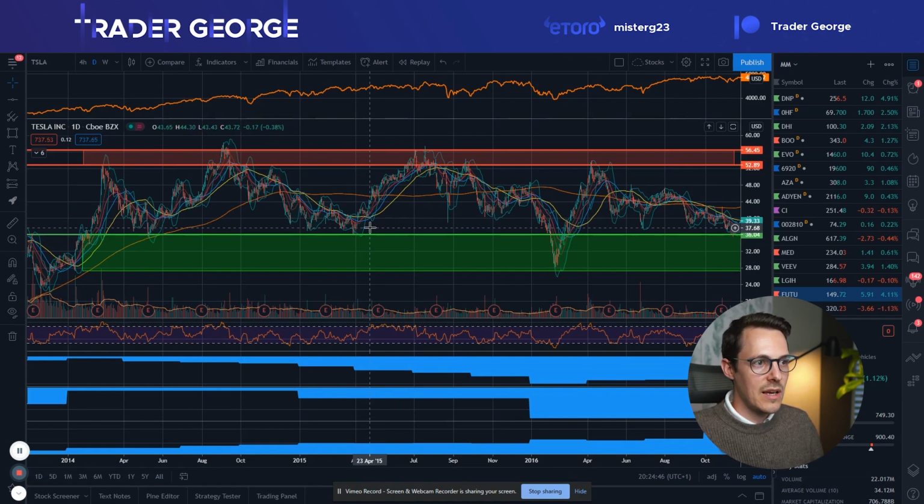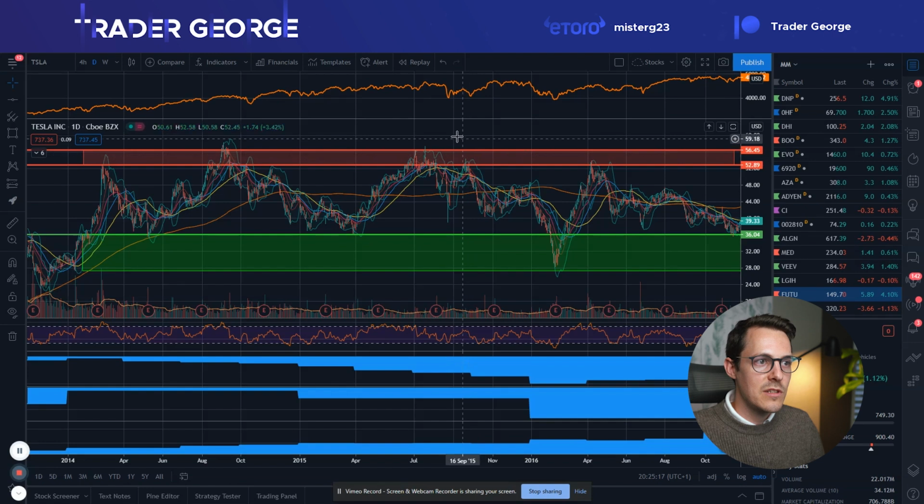And what I mean by that is, let's say that you're deciding to short Tesla here. Well, you know that this is a strong level of resistance. So you can cap your risk by setting a stop loss just somewhere up here, with the idea being that if it reaches that price, then your resistance has been breached and therefore your trade is not valid and you want to cut your losses.